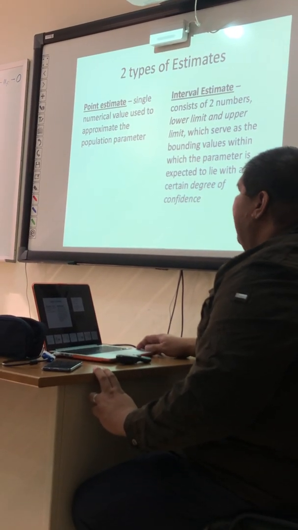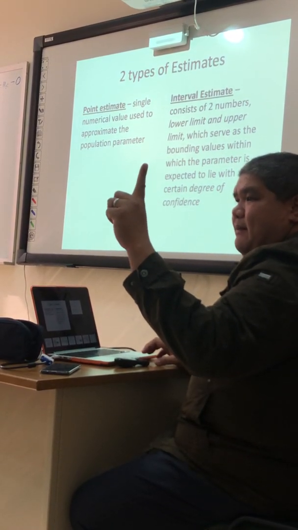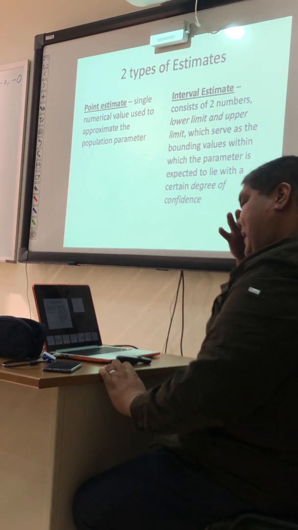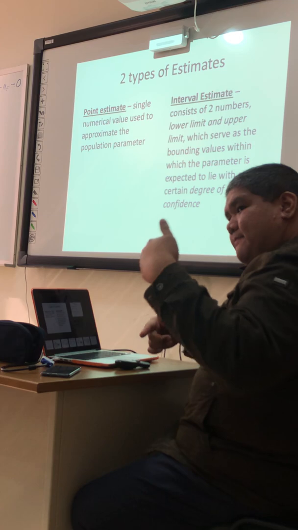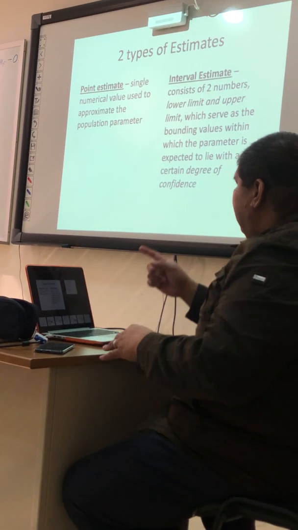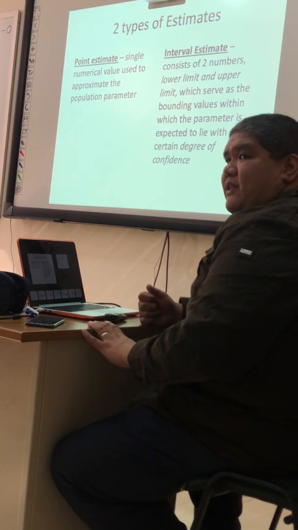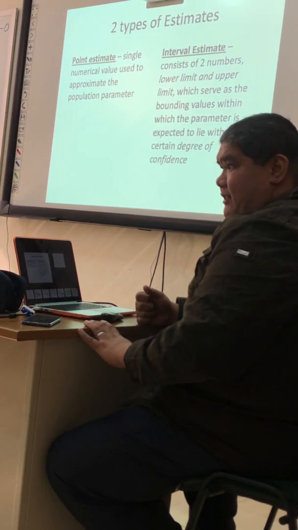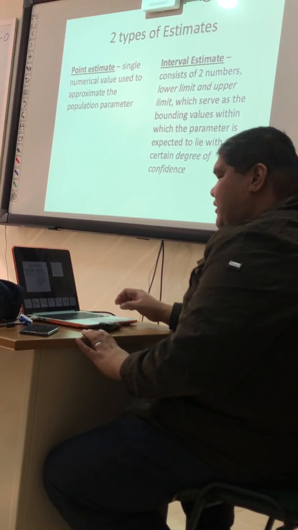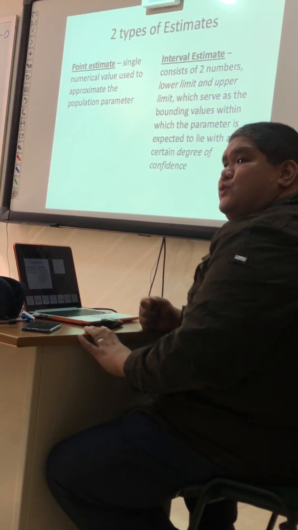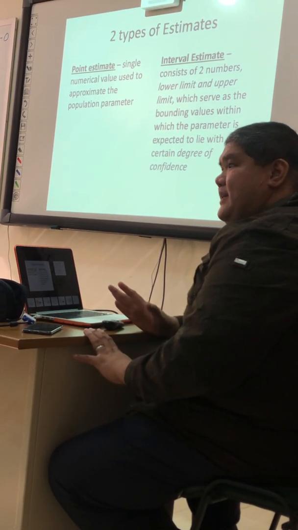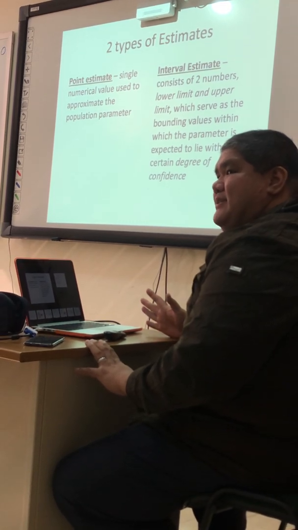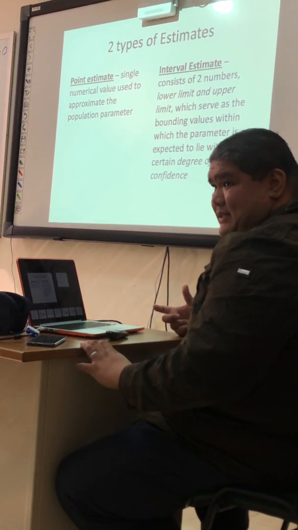Okay. Now, point estimate is just a single number. Interval estimate is made up of two numbers, a lower limit and an upper limit, plus a level of confidence. Again, what are the levels of confidence that we usually use? 90%, 95%, 99%. These are the traditional ones.